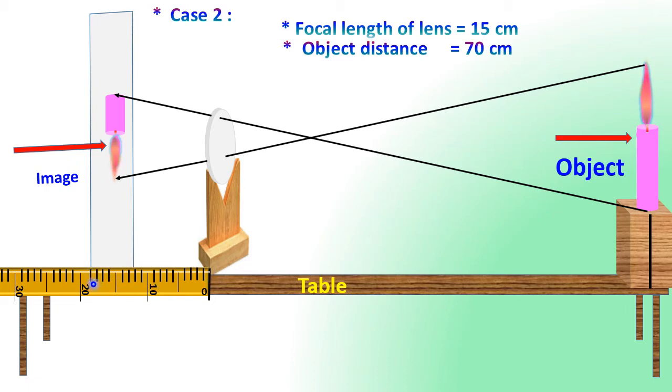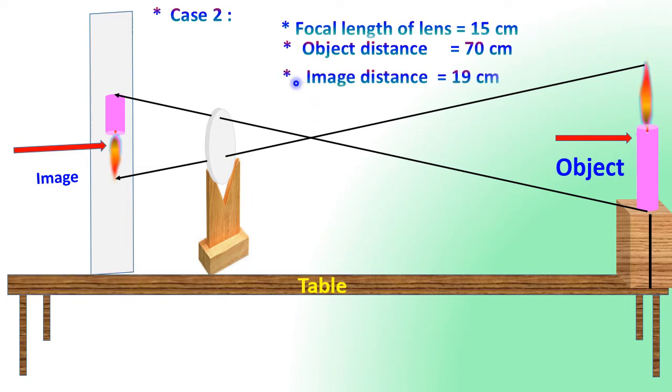Here it is 19 centimeters. So the distance of the image is equal to 19 centimeters. Let us note down this. Here image distance equal to 19 centimeters. Finally, let us study the properties of the image formed on the screen. Here the image is inverted.